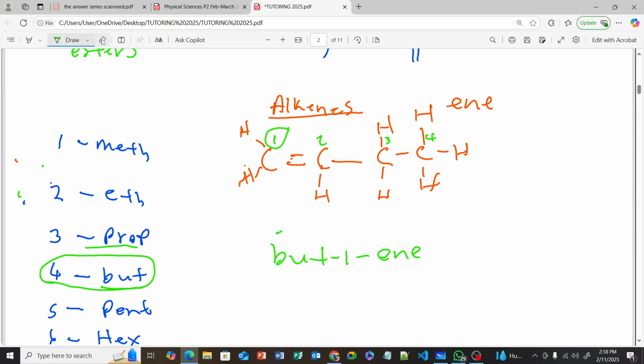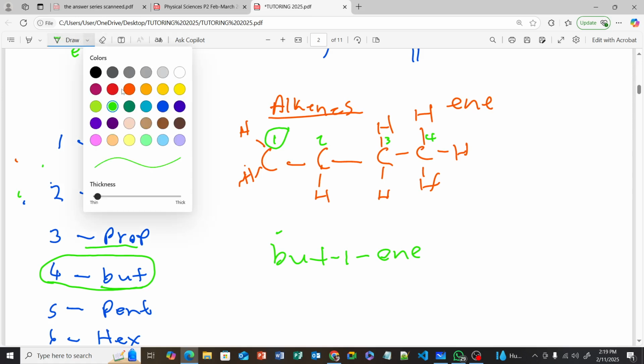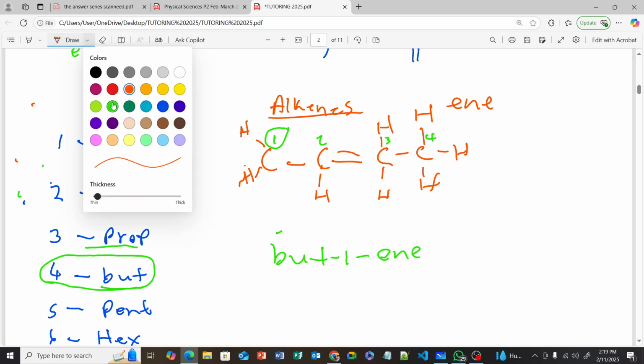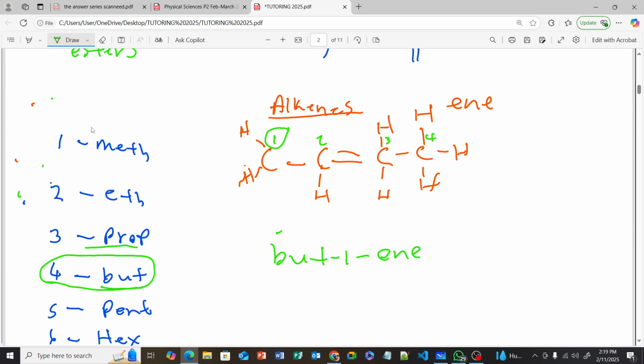Now I'm going to make things interesting. I'm going to remove this double bond there and throw it into a new location. So now let's say the double bond is here. Okay, so can you see now that the double bond is at position number 2? So we cannot just say it's butene without telling where, because it is not at the same position as the last time.